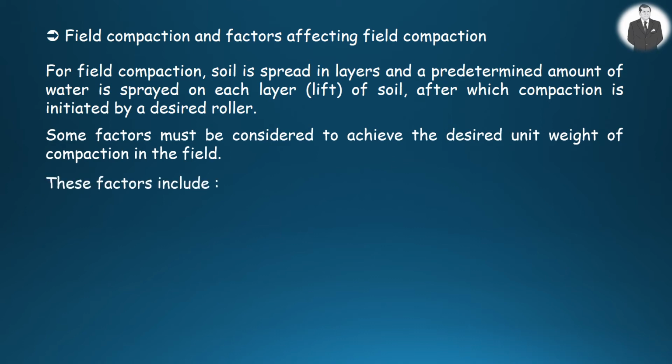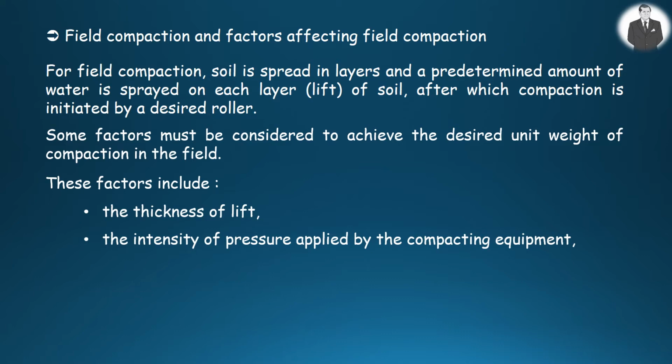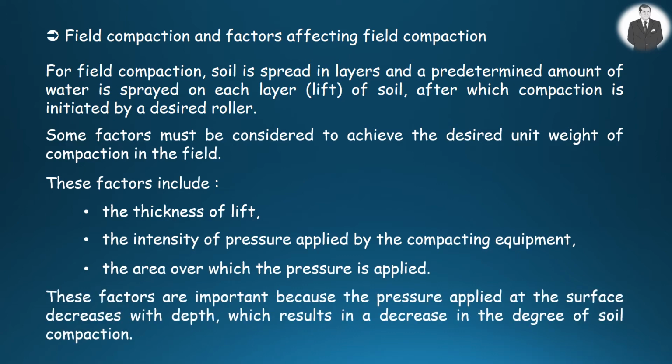These factors involve the thickness of layer, the intensity of pressure applied by the compaction equipment, and the area over which the pressure is applied. These factors are crucial because the pressure applied at the surface decreases with depth, which brings about a decrease in the degree of soil compaction.